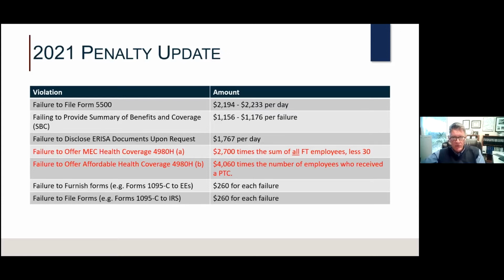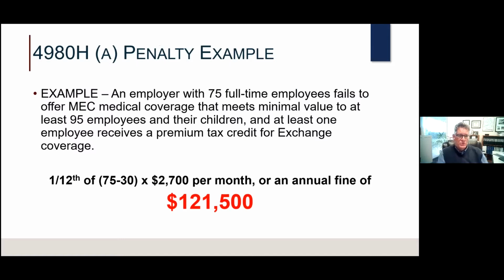You see the value of those penalties here, and how this looks to an average employer is such. So an employer with 75 full-time employees that fails to offer coverage that meets minimal value to at least 95% of their full-time staff and dependents, and if just one of those employees gets subsidized coverage at Covered California, you suffer this A penalty from the IRS.